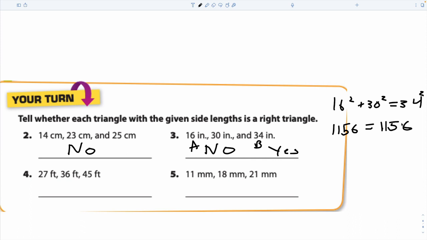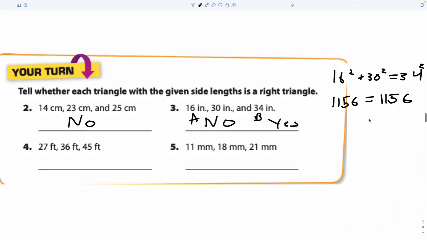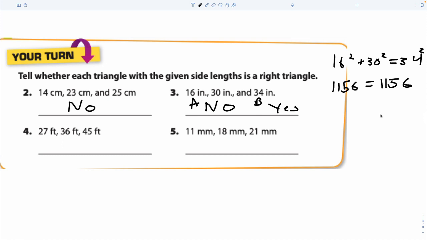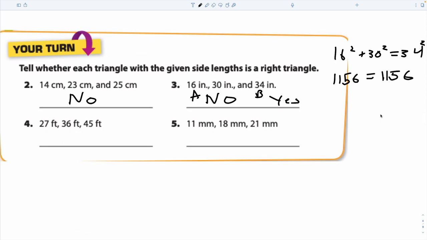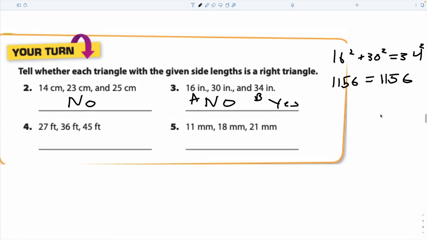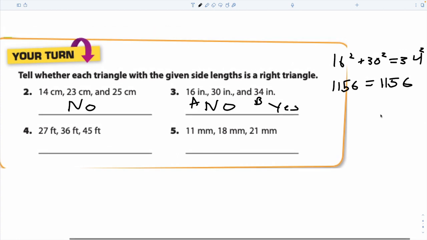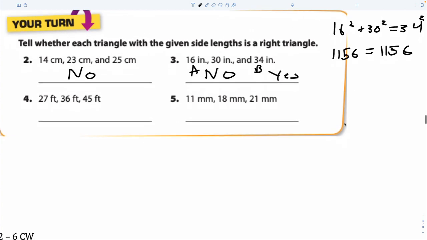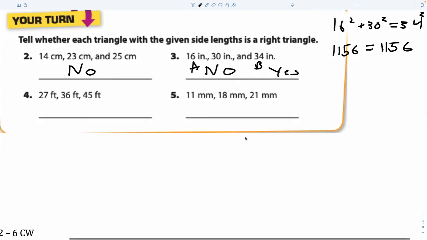Yeah. That should work. Number 4, yes or no? It's a yes. Number 5, yes or no? No. Okay.